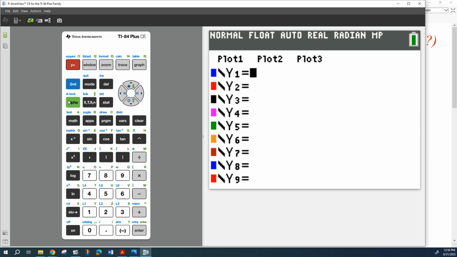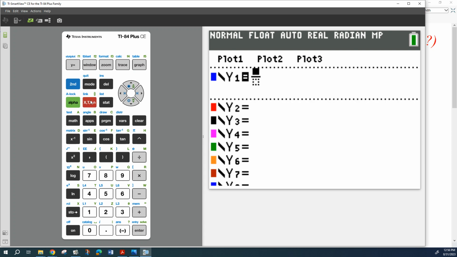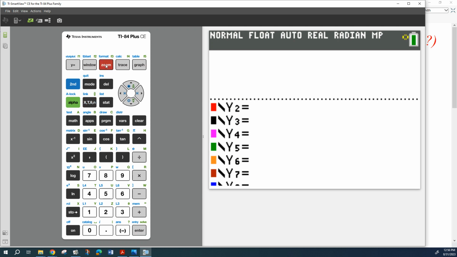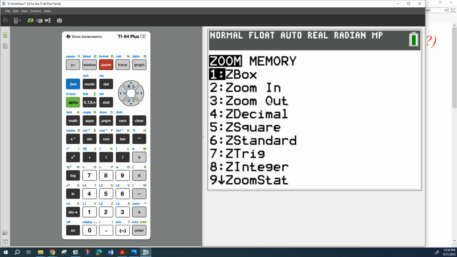Okay, so y equals. I'm going to use my little shortcut for a fraction bar, and I'll do sine x divided by x. And I'm going to start off on zoom. What are our options on zoom? Usually we do zoom fit, right? Which takes us from -10 to 10. Zoom 0, that's what we did in algebra 2, right?